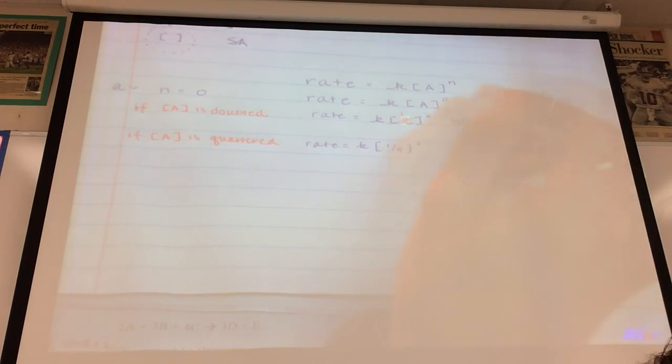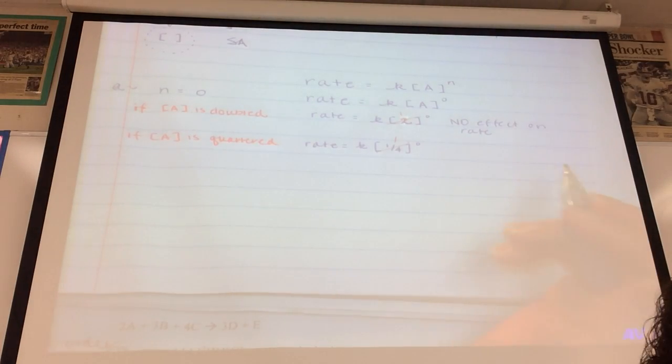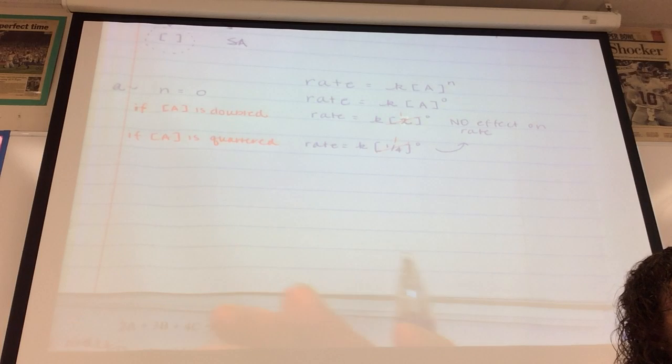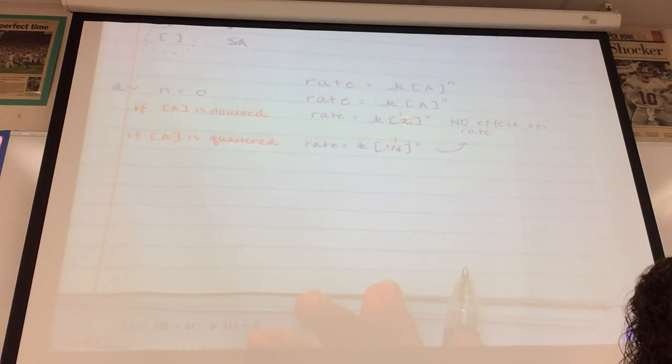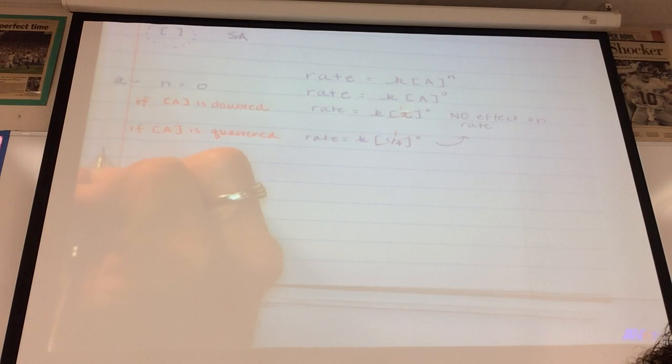What's 1/4 to the 0? 1. Is there any effect on the rate? No. So this is one of the instances where when you increase the concentration, there's no effect on the rate because it's zero order. Just hang tight for a sec, you'll see the other ones.